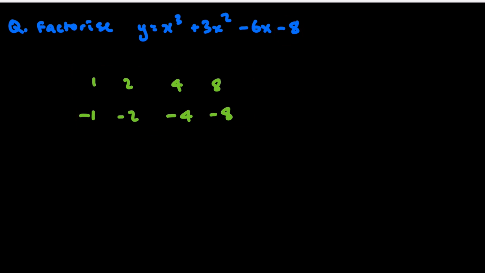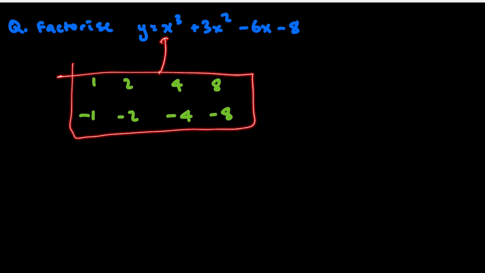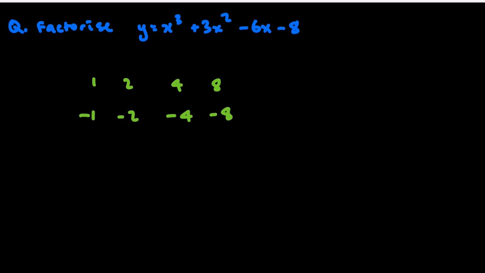The next step we have to do is substitute each of these values for x until we get an equation that equals 0. And I'll show you what I mean by that. The first thing I'm going to do is sub in 1 for x in this equation. If I do that, I'll have 1 cubed plus 3 times 1 squared minus 6 times 1 minus 8.